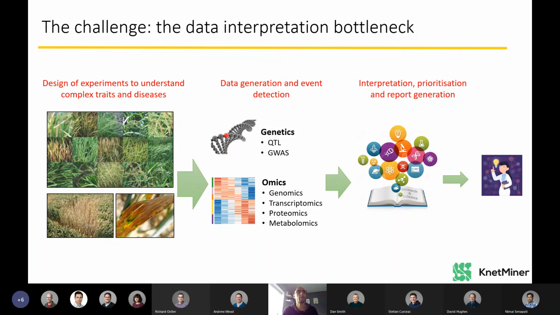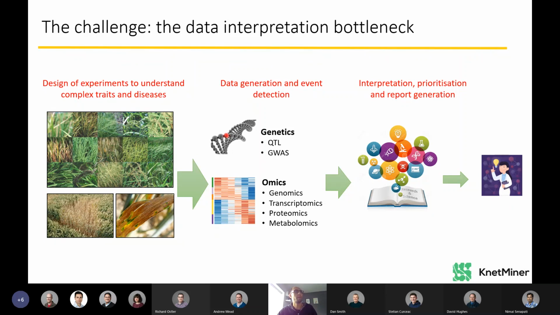So being able to get a good overview of all the different types of research that have happened that could help me to interpret, prioritize, and generate reports more efficiently from the data I generate and from the analysis I perform, that's, I think, where the bottleneck is right now.